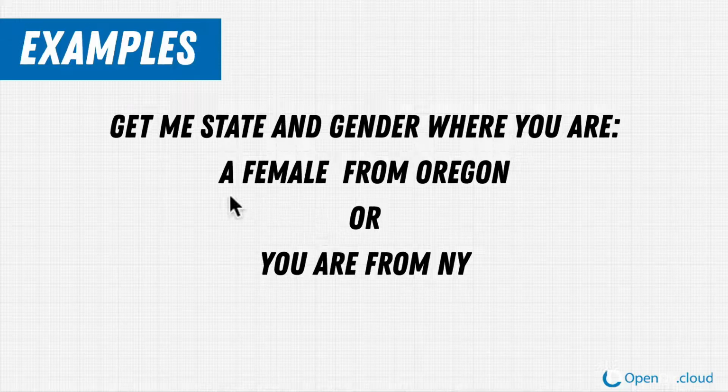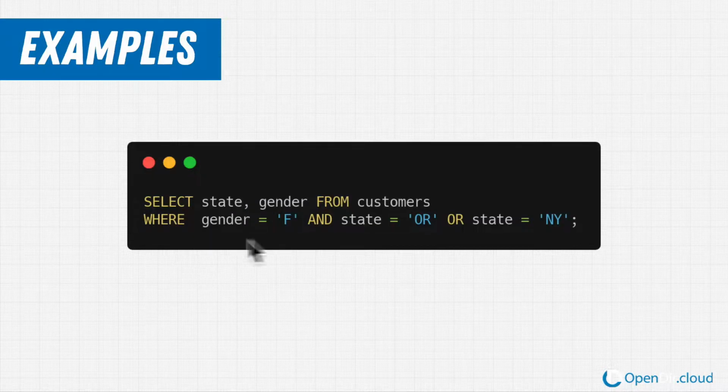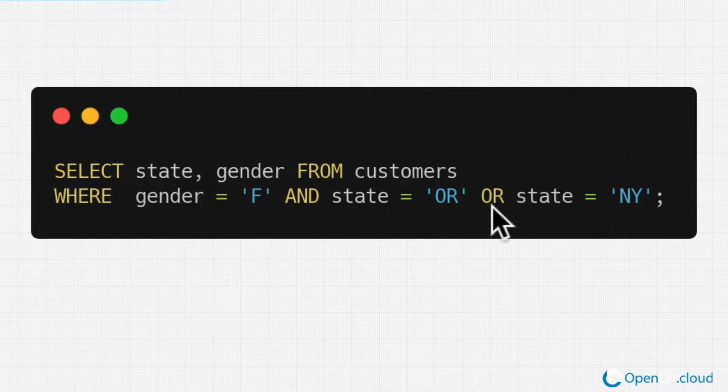We can clearly see that the female filter did not apply to the people from New York because it goes and state Oregon or state New York. So here we're looking at a priority sequence. Or gets executed last, and the and has been chained to the filter of state Oregon. So these will execute together, and this will execute separately. And so the gender female only applies to the people from Oregon.